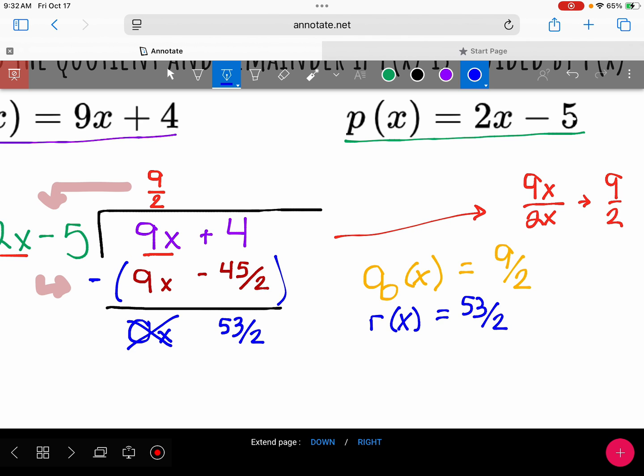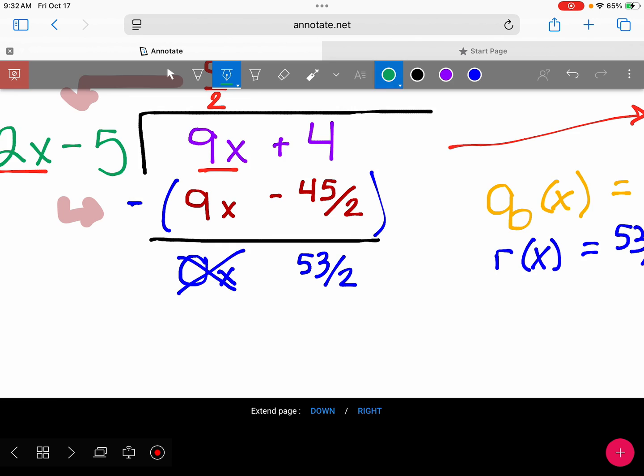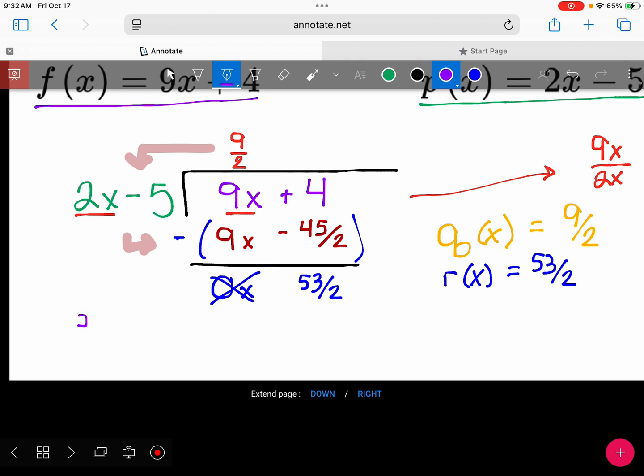We can absolutely check that we did this correctly, because I know especially when it's worded this way and very weird, we are unconfident in ourselves. We could do this by checking to see if our f of x really does equal our quotient, that q of x, times the p of x plus the remainder.